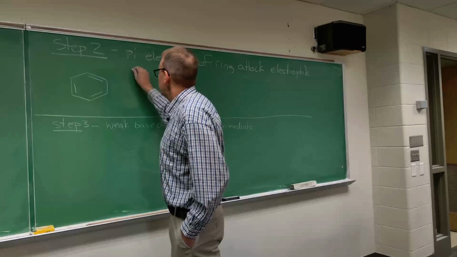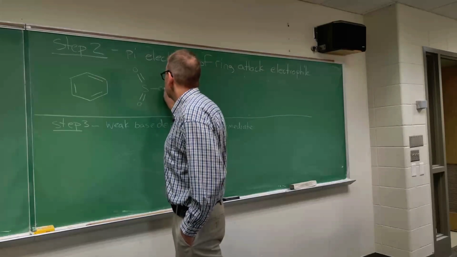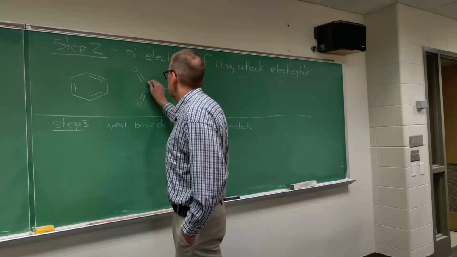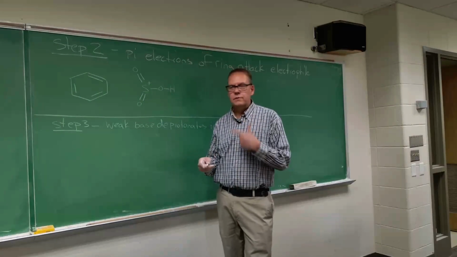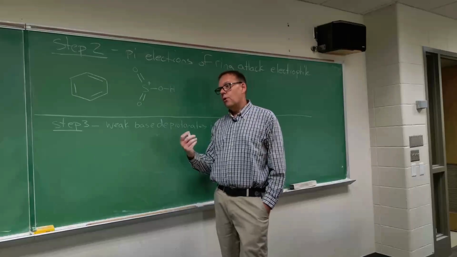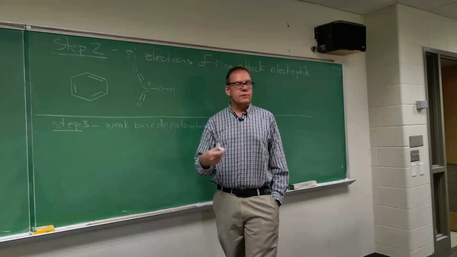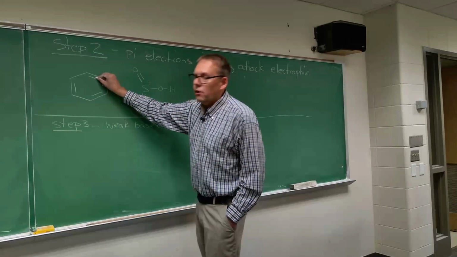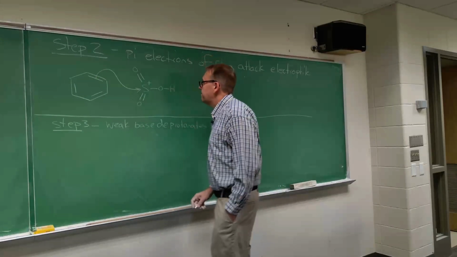I'm just going to rotate the electrophile a little bit to put it in a position that makes it look like the sulfonic acid a little more. So this is just a rotated version of what I had on the previous board. So ring electrons are attracted to the strongly partially positive sulfur, and start an arrow at one of the double bonds in the ring and show it going and making a bond to sulfur.